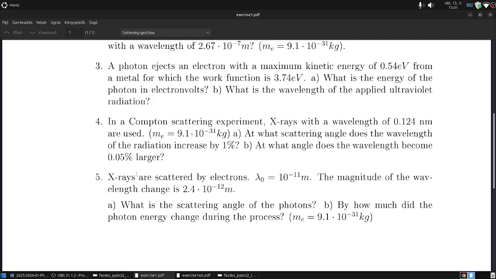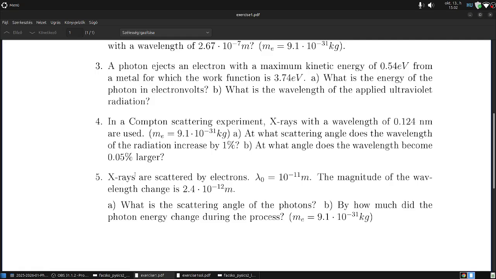Exercise 5 is the same as this one. You have to use the same effects. Only one thing, the energy of the photon is calculable from the change of the wavelength.